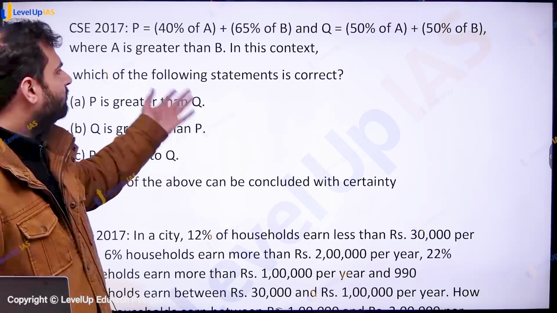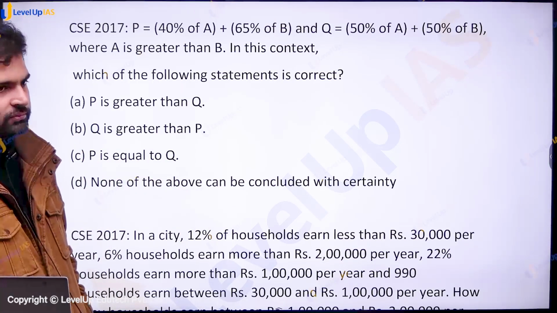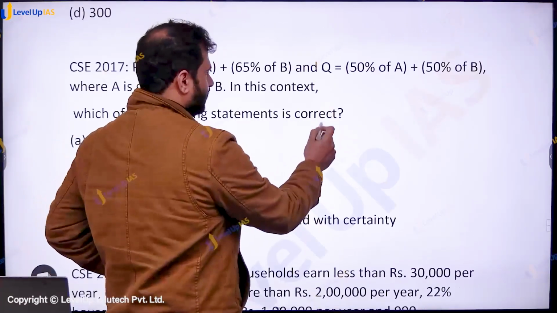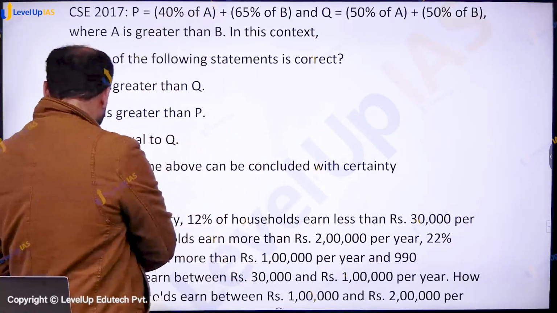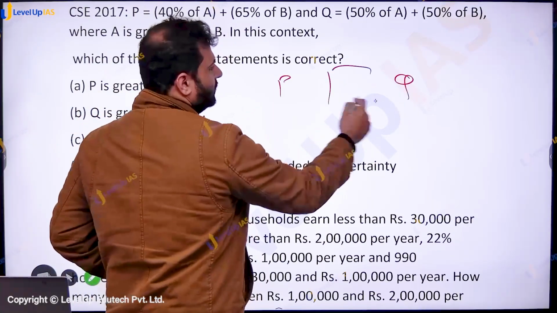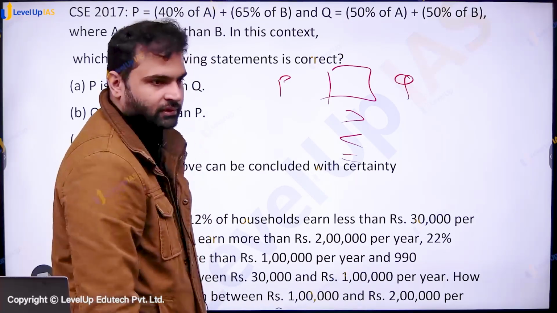When we compare P and Q, if I calculate P minus Q or Q minus P, I mean, what is the comparison? There is one P on one side, Q on one side, and I have to decide which sign to put. Right?